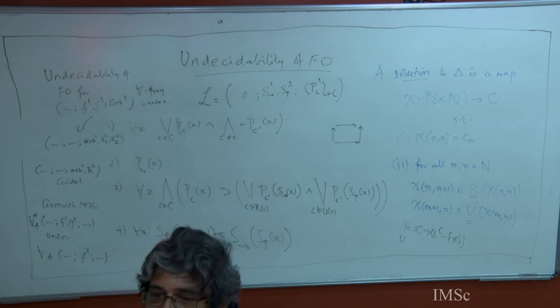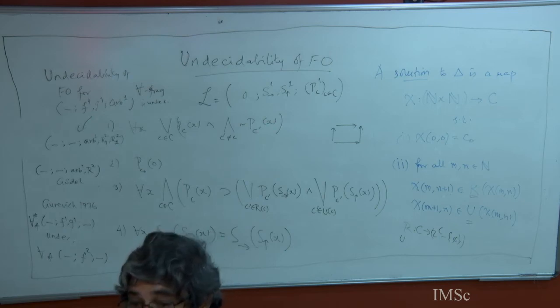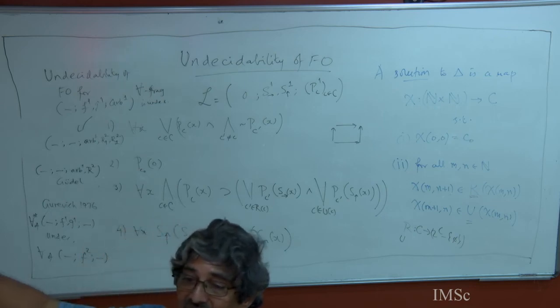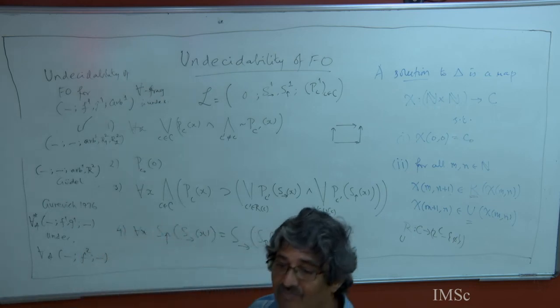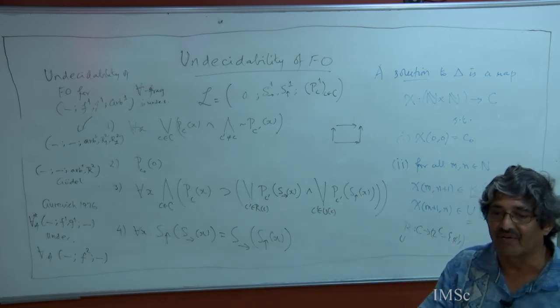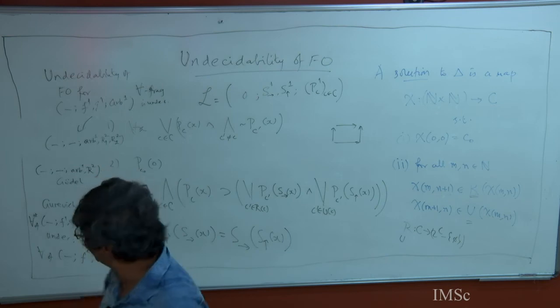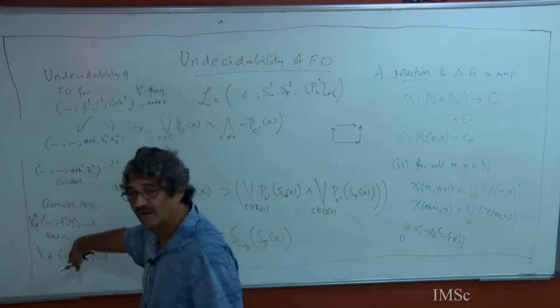For all x there exists y such that R x y, and for all z, and so on. This is of the form for all, there exists, for all, so at least two quantifier alternations are needed to talk about relations being functions. It's not as simple when you go down to relational vocabulary.